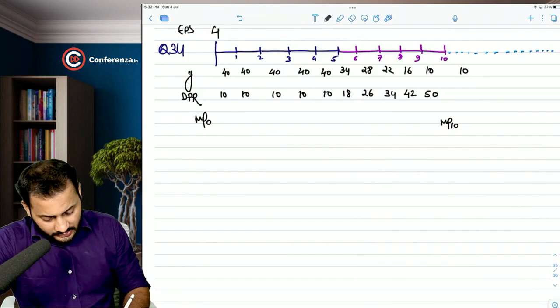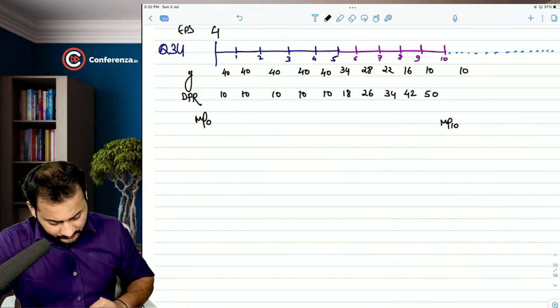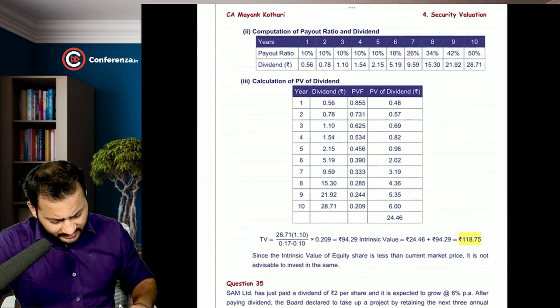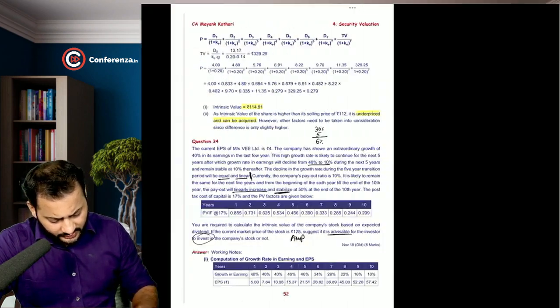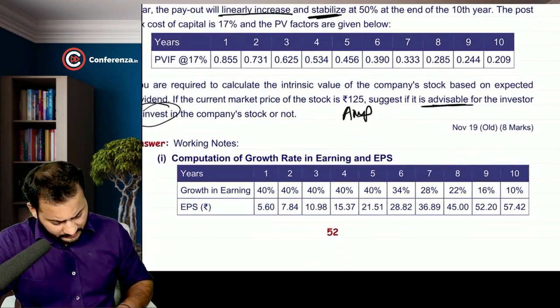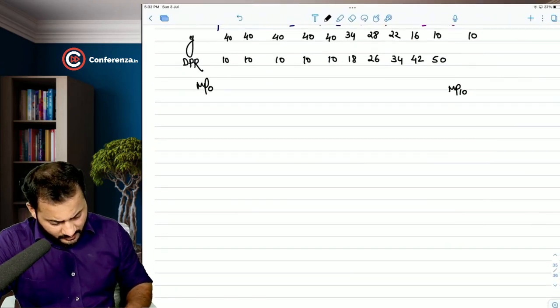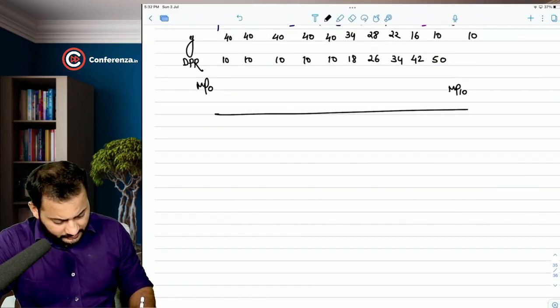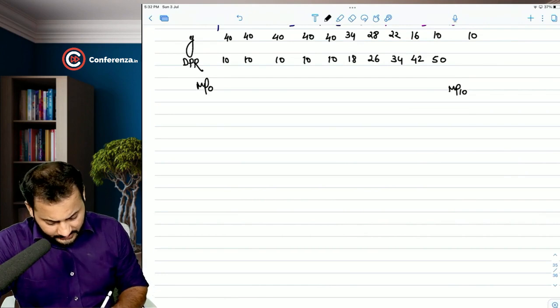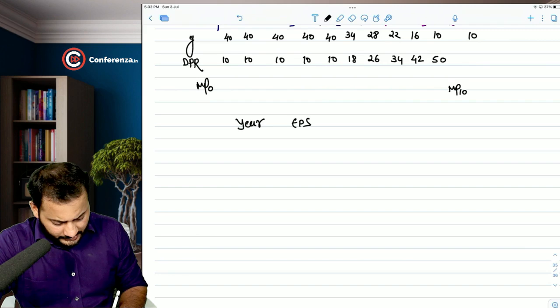Let's do the calculation. I think now it's very easy, it's not that difficult. What you can do is draw the table here, or we can just write it like this: year, EPS.